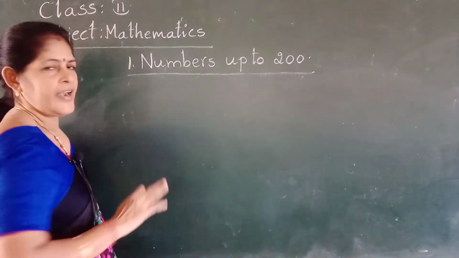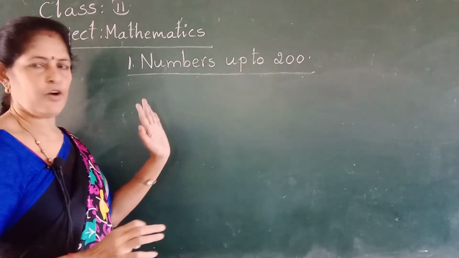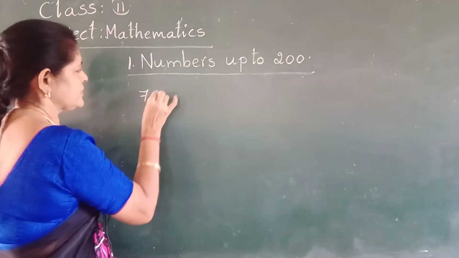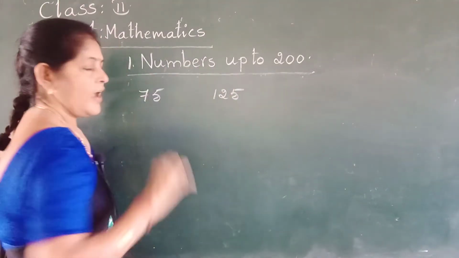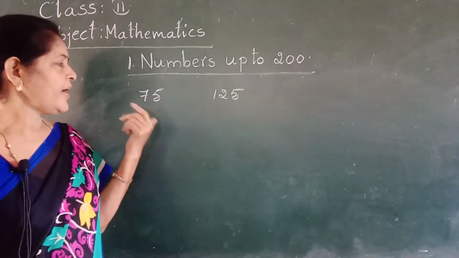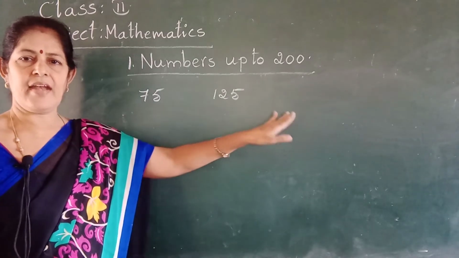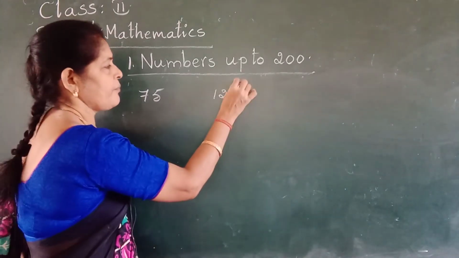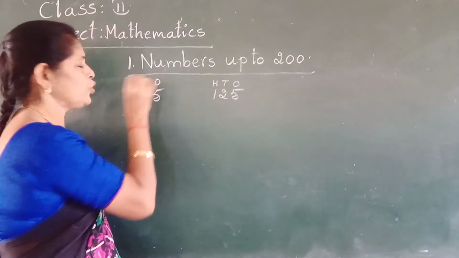Numbers up to 200. That means we are going to take 1 to 200 only. See, 75 and 125. How to compare these two numbers? The number which has fewer digits is less than the other number. This number has 3 digits, this number has 2 digits.